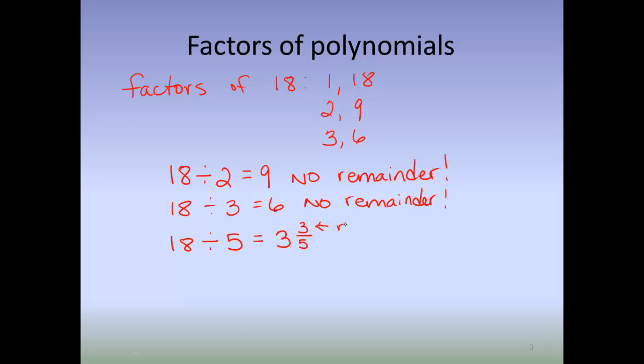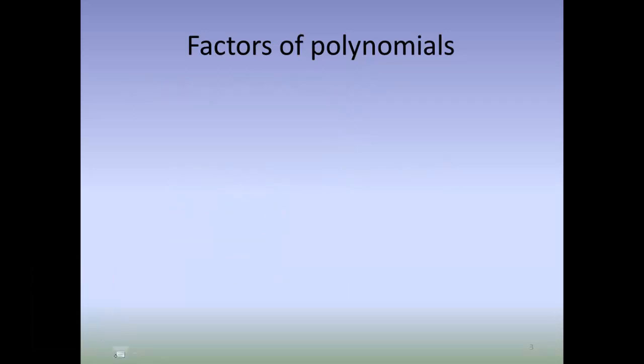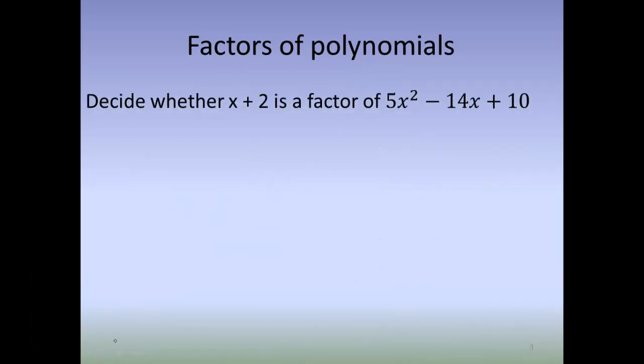And this remainder tells us that 5 is not a factor. And we're going to use this idea about remainders and no remainders in the exact same way when we're talking about polynomials. So let's take a look at this first one.